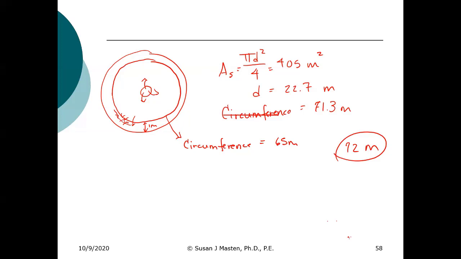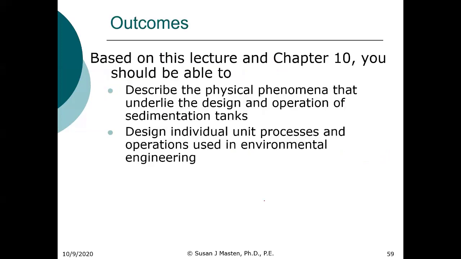In this case, water flows over both sides and we only need roughly half the length, or we still have this channel. So this is our launder, but we only have water flowing over one side, and we have it the full circumference. So that's what we mean by the weir loading rate.